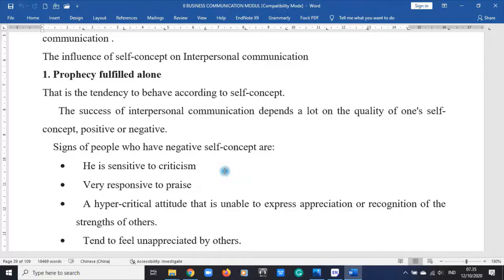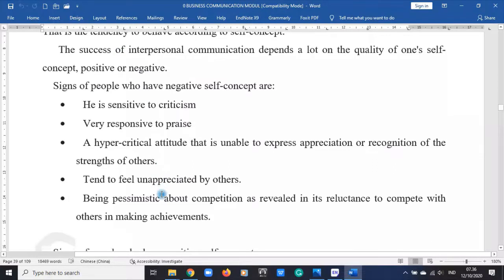Signs of people who have negative self-concepts are being very sensitive to criticism and very responsive to praise. They react too much when they get any praise, too much reaction. And then a hypercritical attitude that is unable to express appreciation or recognition of the strength of others.